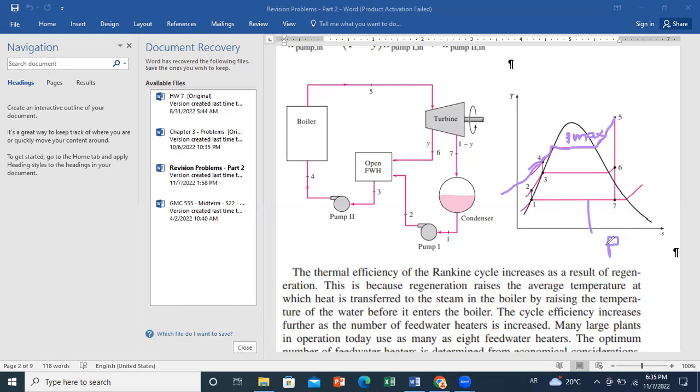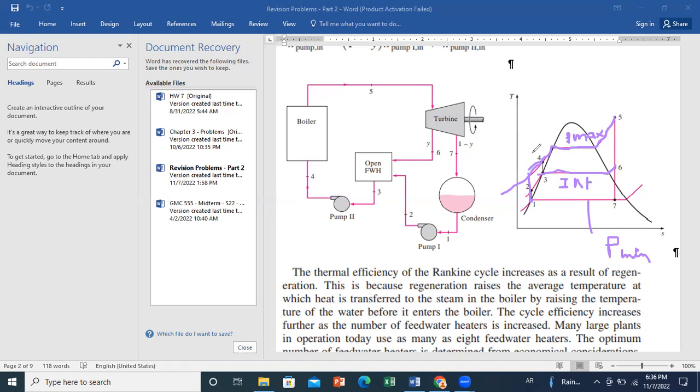And I just have one pump that will allow me to increase the pressure of my fluid from P minimum to P maximum in one compression stage. However, here, what we did is divide the pumping process into 2 parts because we want to introduce an intermediate pressure. Now, what is the purpose of introducing this intermediate pressure?